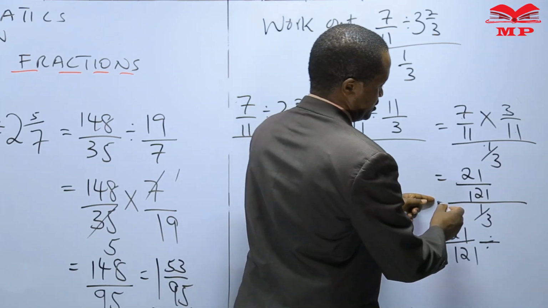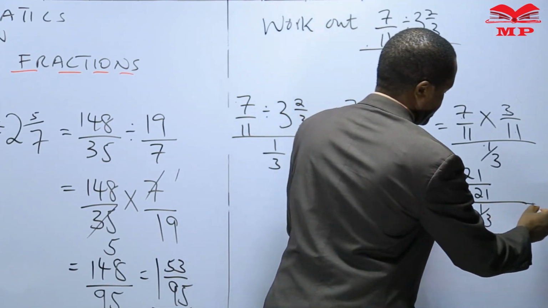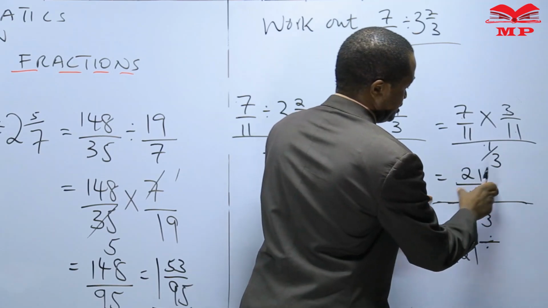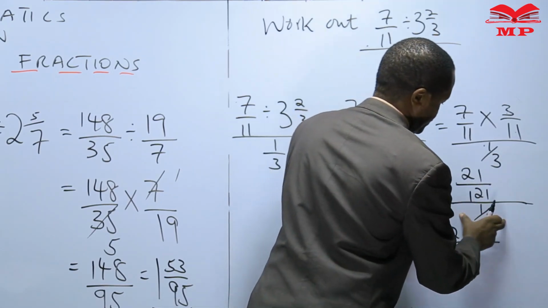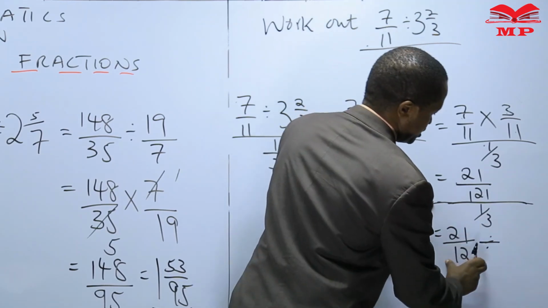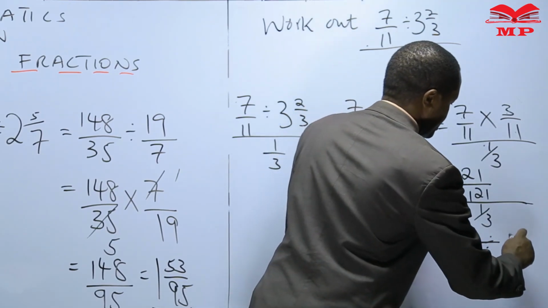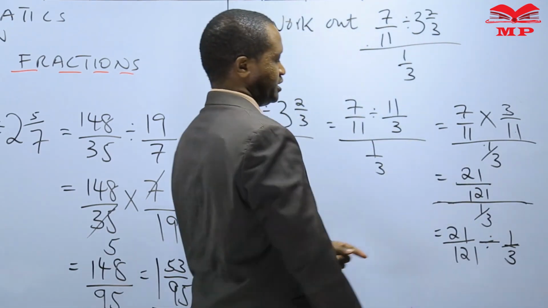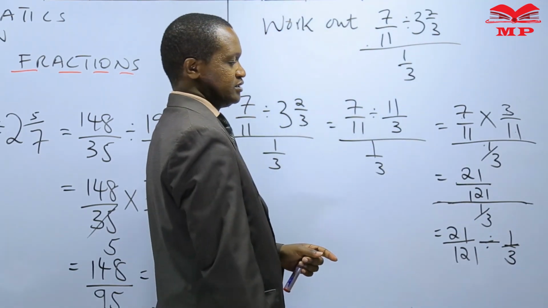this one means we divide this fraction by this fraction. So 21 over 121 divide by 1/3.